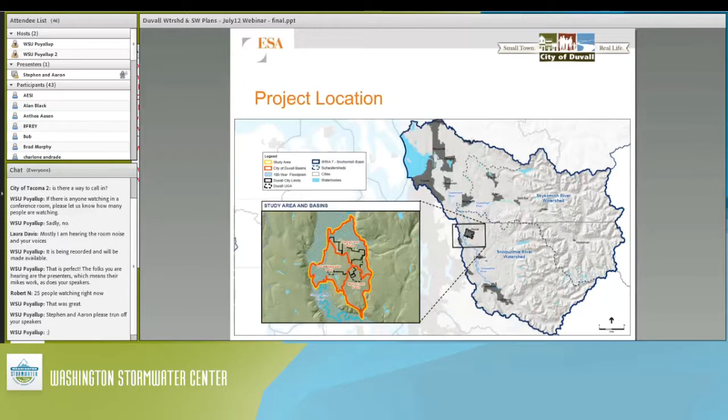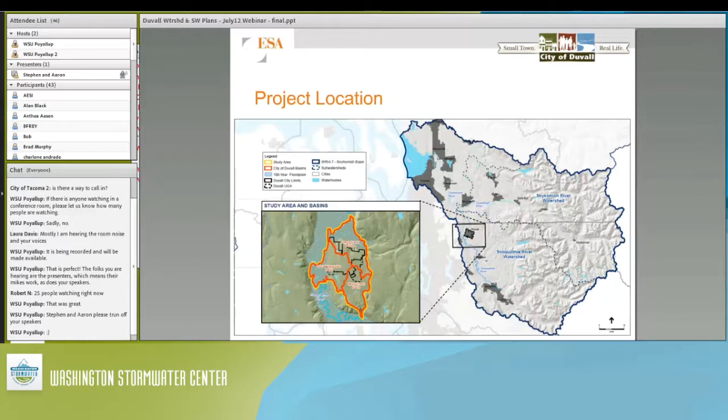The floodplain for Cherry Creek is another wide floodplain area, and steep slopes extend down from the city into that Cherry Creek area, and there's a number of tributaries that extend south up into those steep slopes into Duval. You'll see that there's three primary basins overlapping the city of Duval.